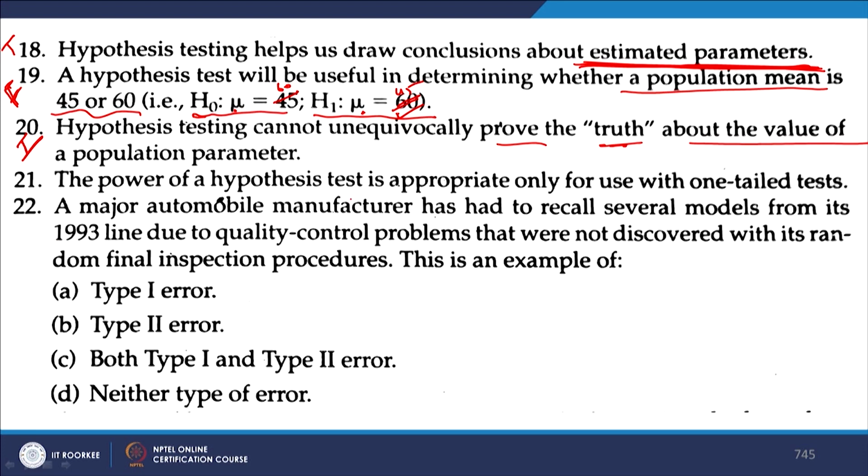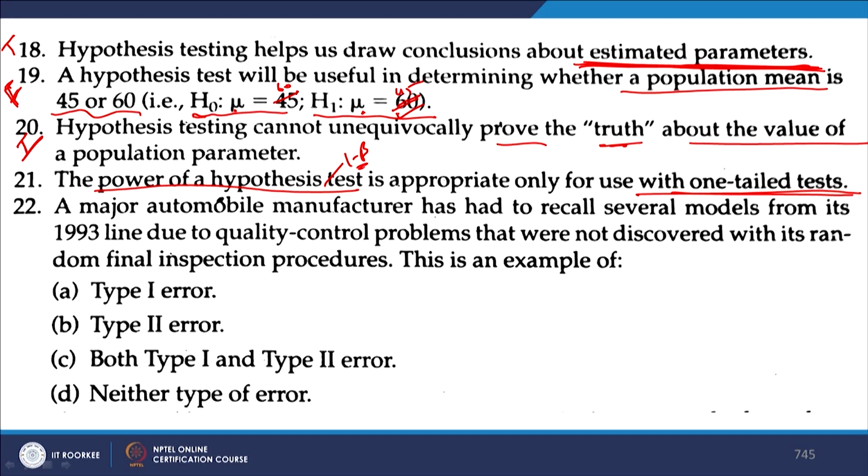The power of a hypothesis test is appropriate only for use with a one tail test. Is this correct? What is the power of a test? It is 1 minus beta, is not it?